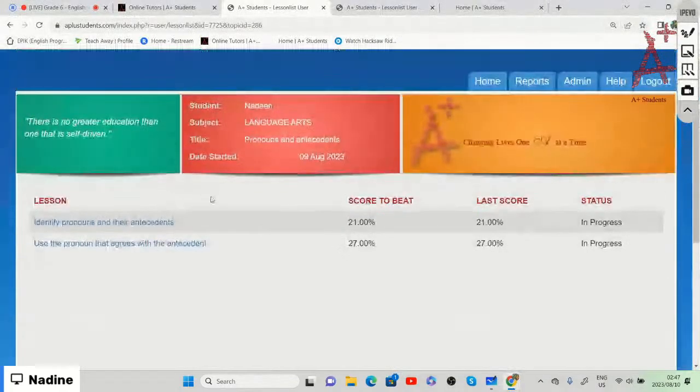So that is now the end of our chapter lesson on pronouns and antecedents. We identified pronouns and antecedents, and we also used the pronouns that agree with the antecedents.